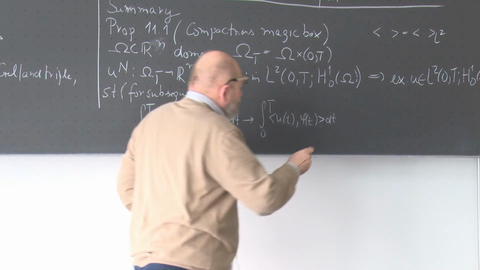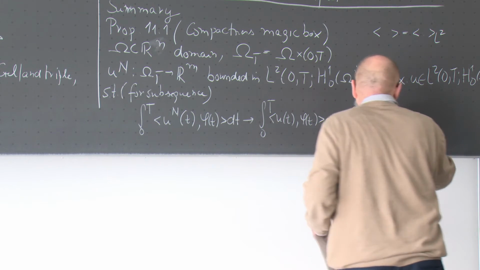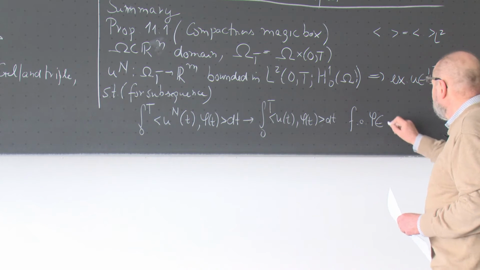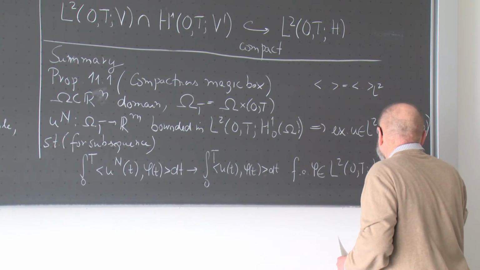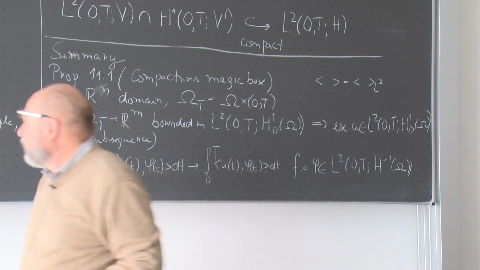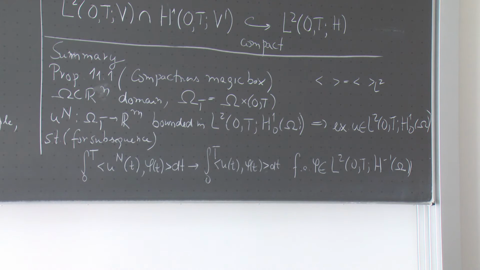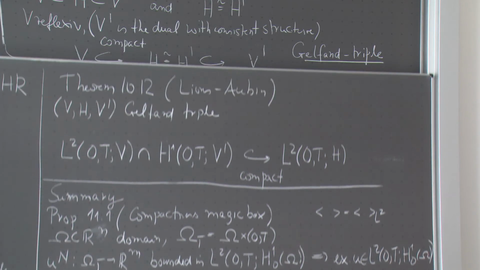The test functions which we can allow are all the elements of the dual space, and the dual space we have identified as L2(0,T;H^{-1}(Omega)). That is nothing but the statement of weak convergence here. Now, that's of course not enough. We want to see something for the time derivative.